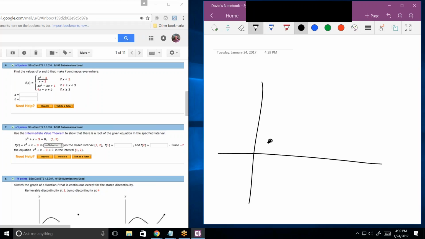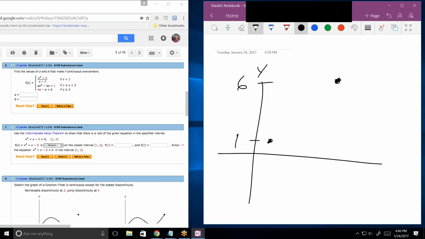I'm trying to get from that point to that point, and I have a continuous equation. It has to go through all points in between. In other words, if that point were, say, 1, and that point were, say, 6, there's no way for the function to get from 1 to 6 without covering every point between 1 and 6. And I'm talking about on the y-axis.